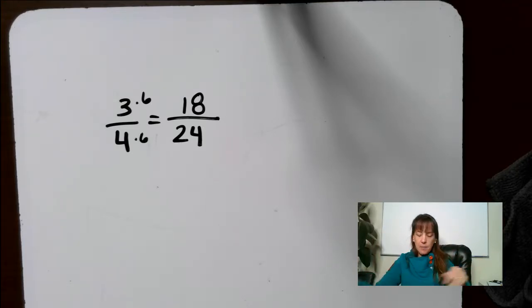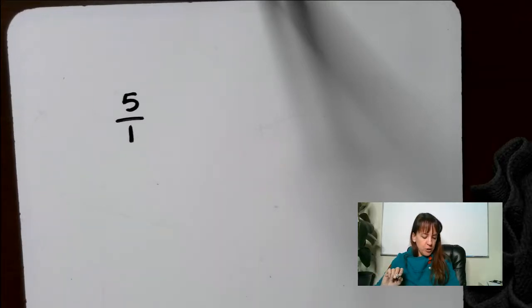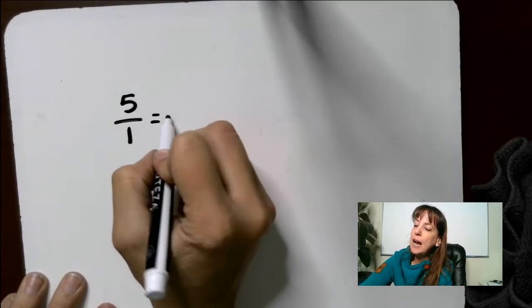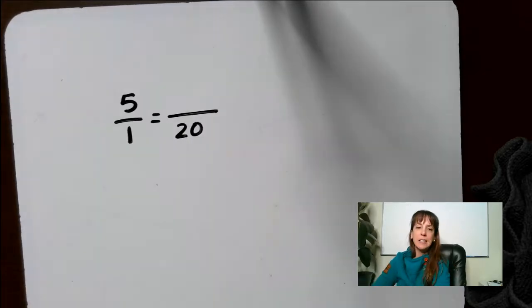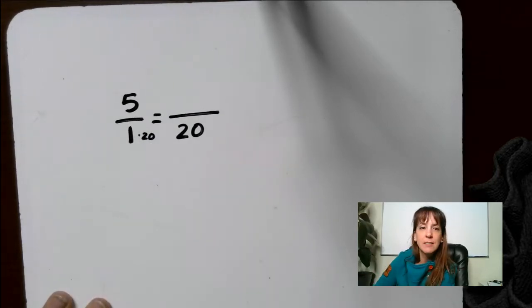One other thing, and make sure you're taking notes as you're watching these videos, you're writing these guys down. You can turn anything into a fraction by putting it over 1. So 5 over 1. If I wanted you to take the number 5 and turn it into a fraction with a denominator of 20, I would need to multiply that 1 times 20 to get 20.